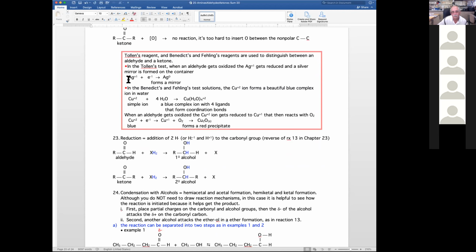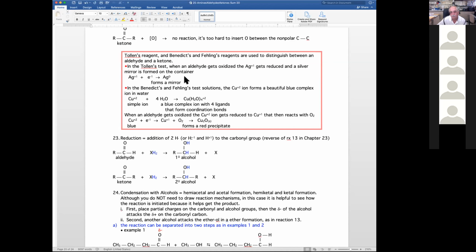In the Tollens test, you put silver in there, and if it can oxidize the aldehyde, this is the oxidizing agent. It itself gets reduced by the electron, and you form this silver mirror inside the test tube. And it's really quite pretty.